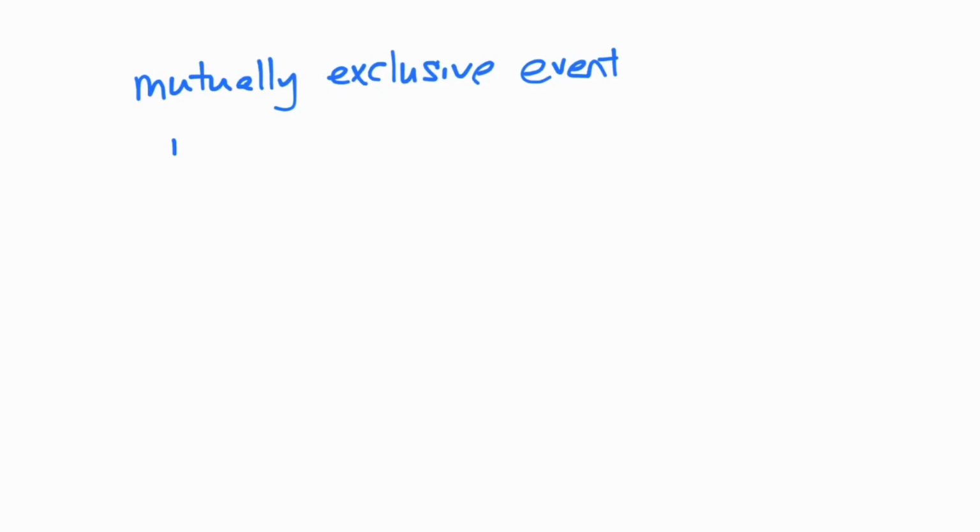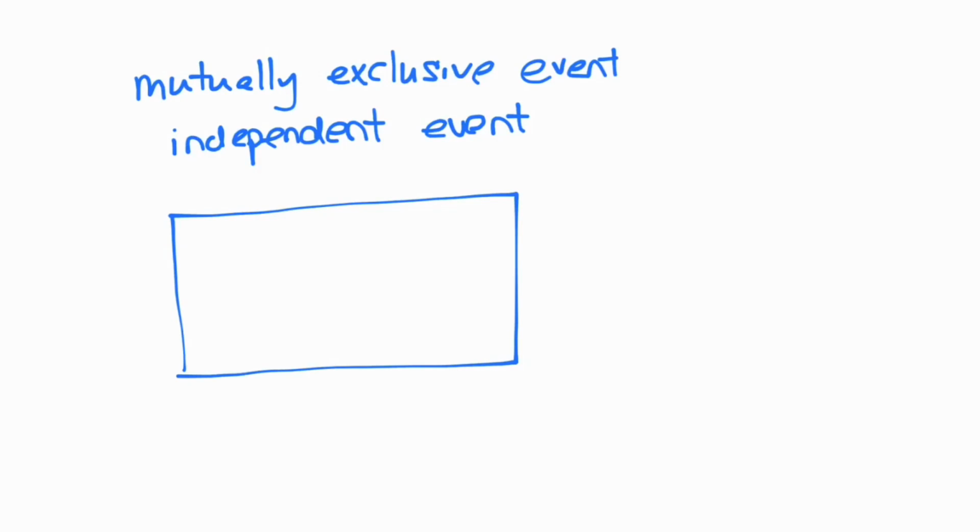Now I want to talk a little bit about the difference between mutually exclusive events and independent events, because many students confuse the two. Remember, two events are independent if they tell me nothing about the other event. Now, mutually exclusive means that the two events do not overlap.